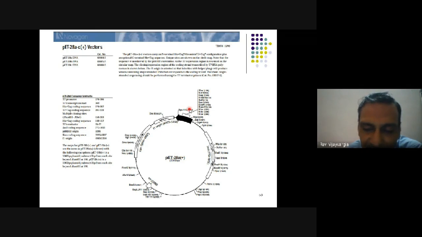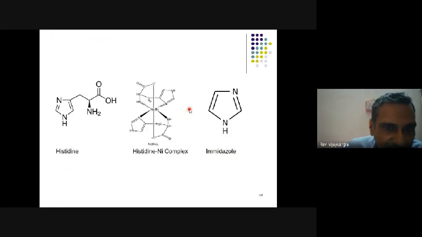And that his tag, as I said, is how histidine is able to form a histidine-nickel complex. You can see here there is a coordination bond between nickel and the histidine nitrogen. This is how the proteins containing histidine are bound to the column which has nickel on it.